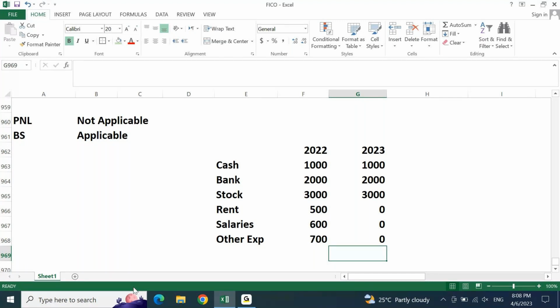Your P&L account will never become 0 by itself, it's very, very rare. Your P&L balances result in either a positive or a negative figure, which means you will get either profit or loss.